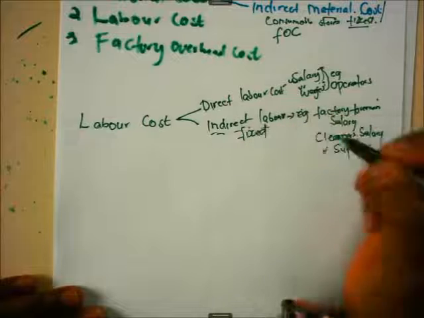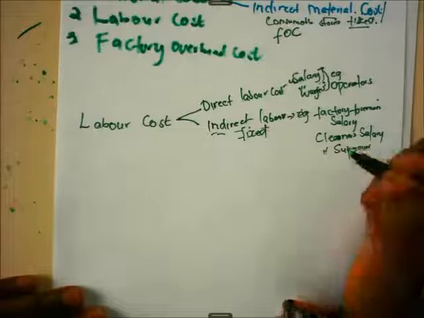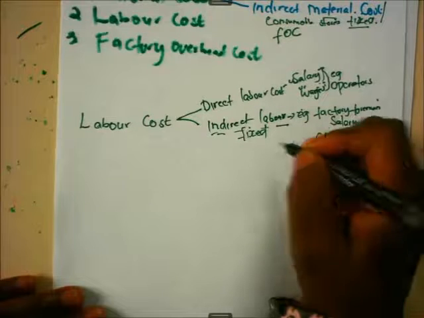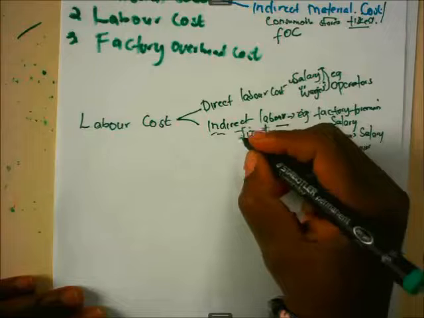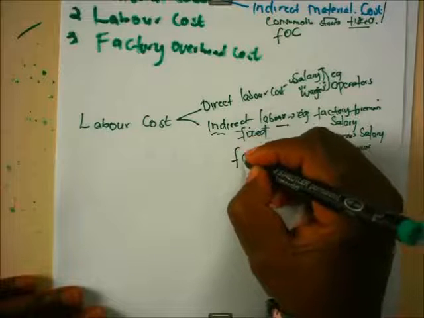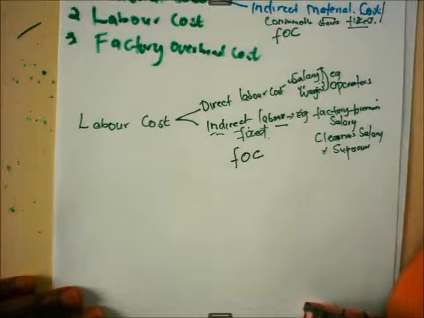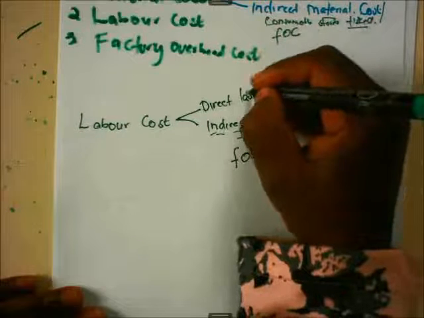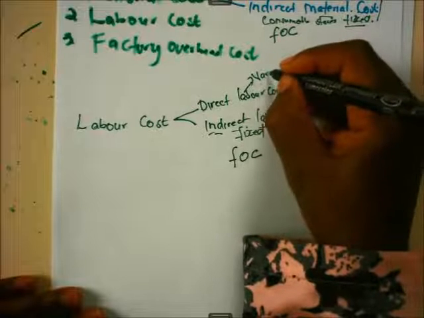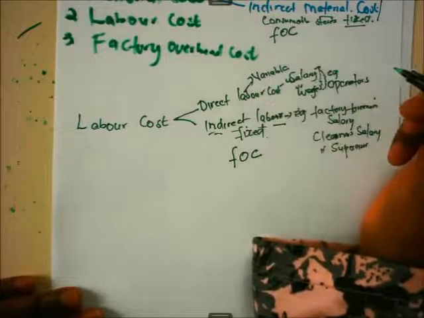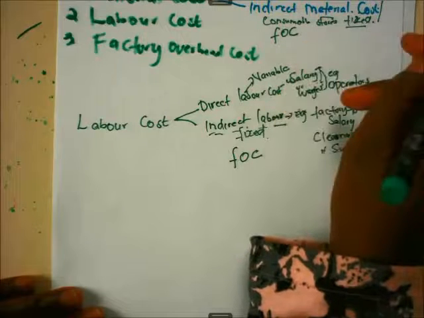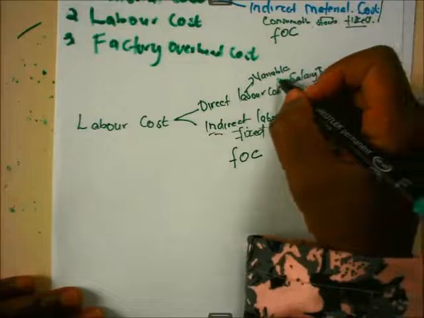They do not change in relation to the number of products produced, they remain constant. Because they are fixed costs, just like the indirect material cost, they will be recorded under the factory overhead cost. The direct labor cost is a variable cost depending on the number of items produced, meaning that the higher the production, the more the cost will be.